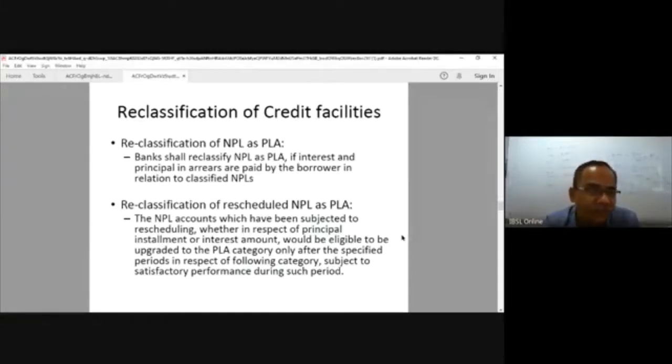Customers don't have to pay during the moratorium, so we are waiting for the period to end in March. But after that, whether the customer will have sufficient cash flow to meet the payments, or will default, only then will we see.